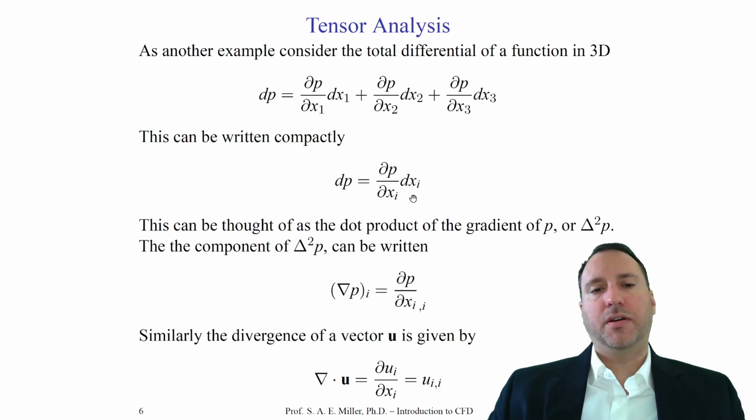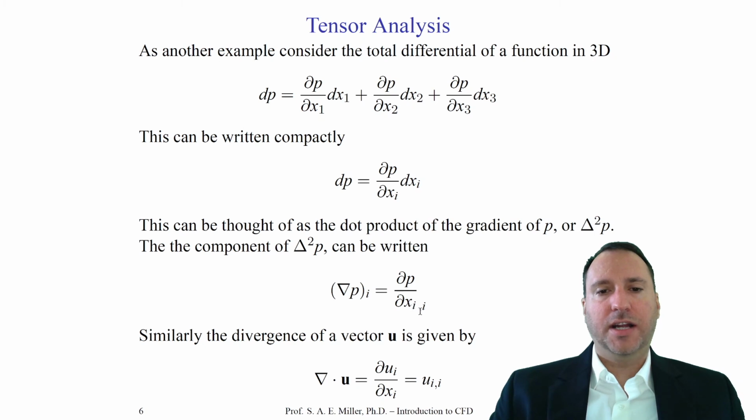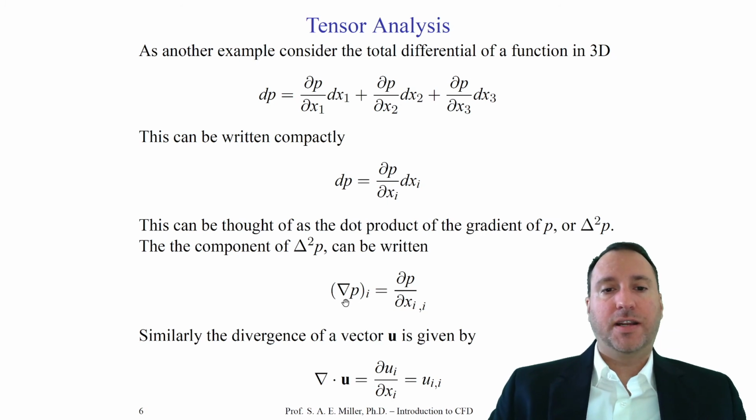Then the component of nabla p might be written as p sub i. So here the comma i of, say, partial p partial x_i, p comma i, would denote that we're taking the index notation and finding nabla p.